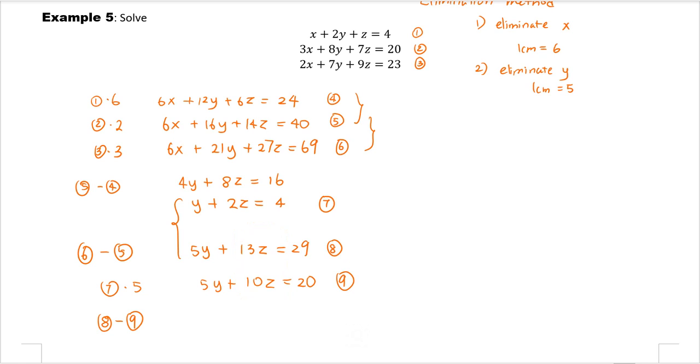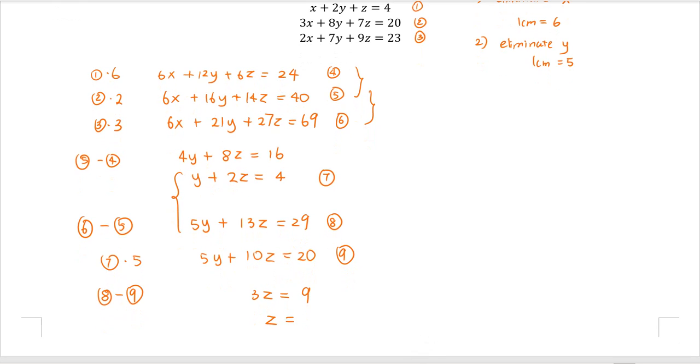So then we have 5y cancel. 13z minus 10z is 3z. 29 minus 20 is 9. Oh, nice. We can divide both sides by 3. 9 divided by 3 is 3. So we get z is 3.